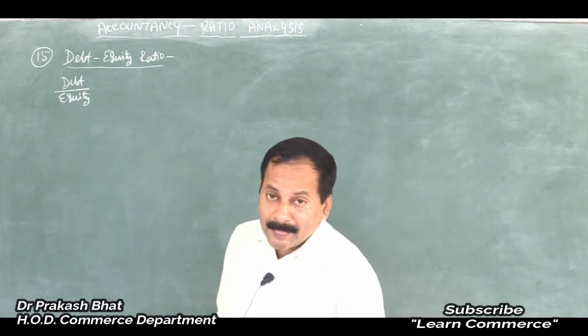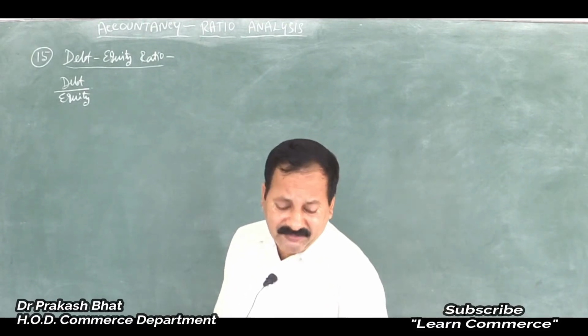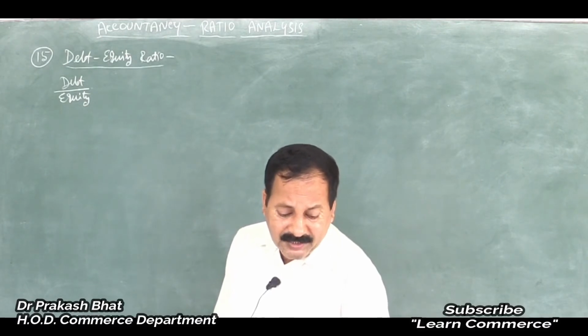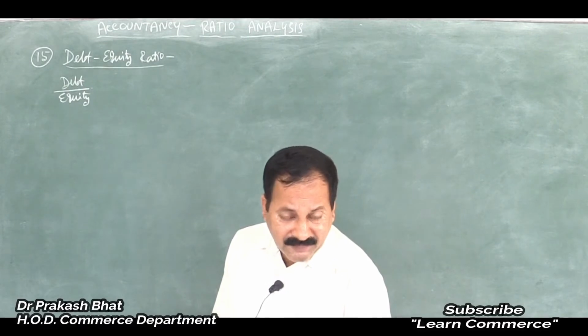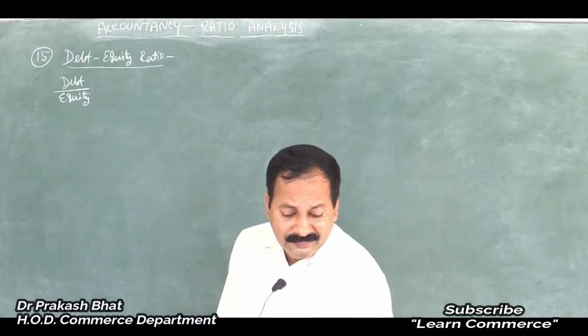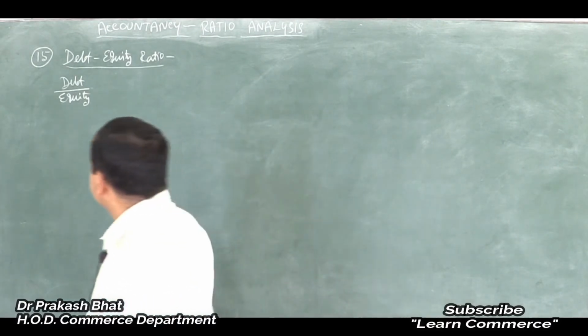Total debt includes long term and short term, that is, non-current and current liabilities together. So 12 lakh, out of which short term debt is 6 lakh. So the net amount is 6 lakh.